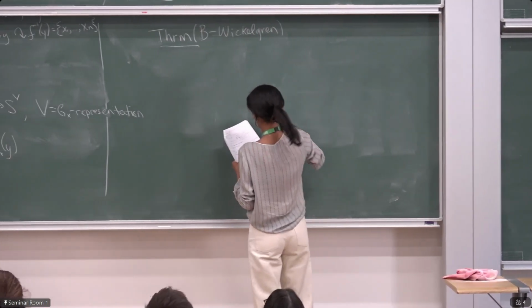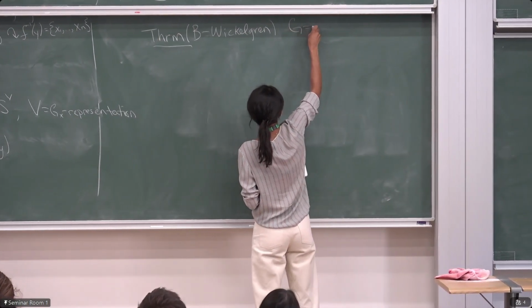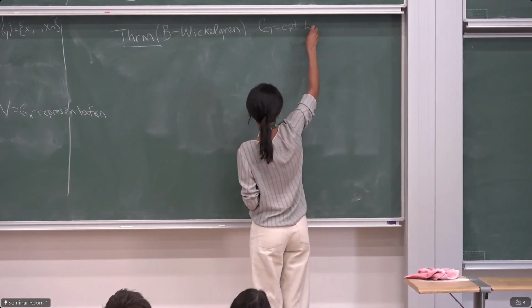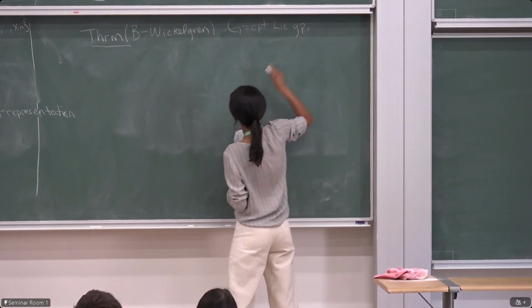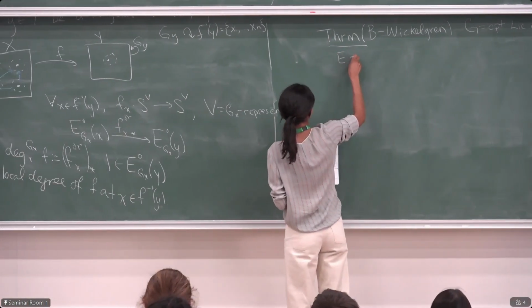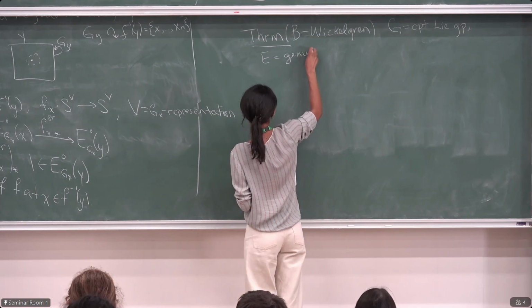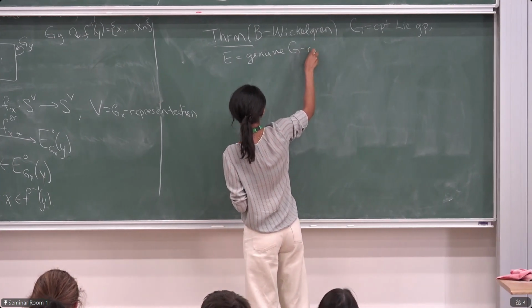So let's let G be a compact Lie group. E is a genuine equivariant ring spectrum.